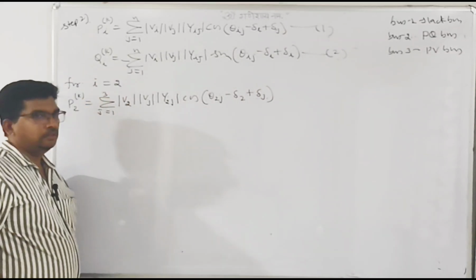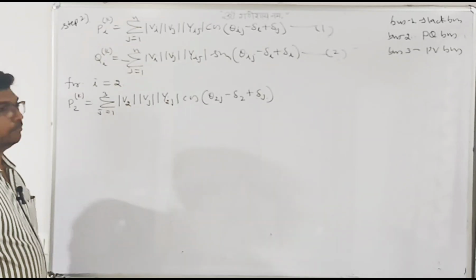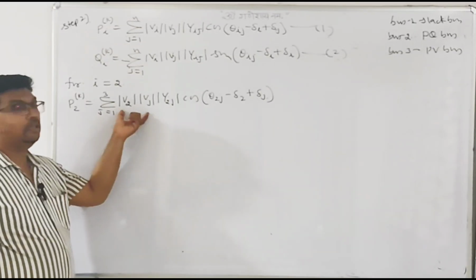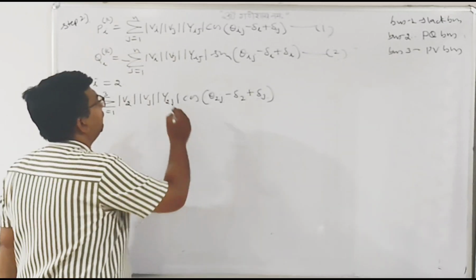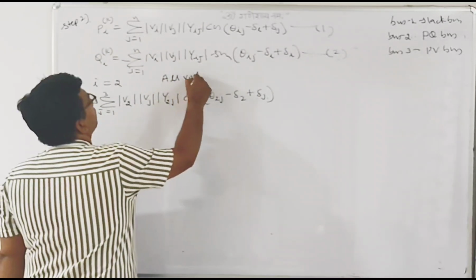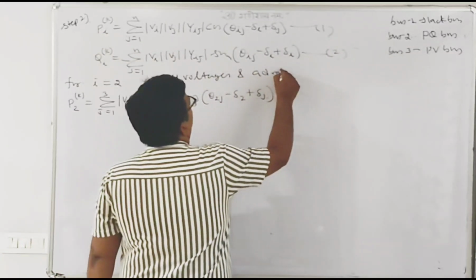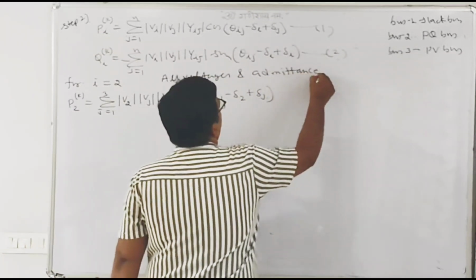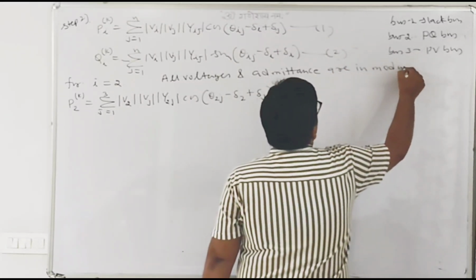Now all these modulus signs indicate the magnitude, so I will not repeat the modulus again and again. I will write it in one line: all voltages and admittances are in modulus form.